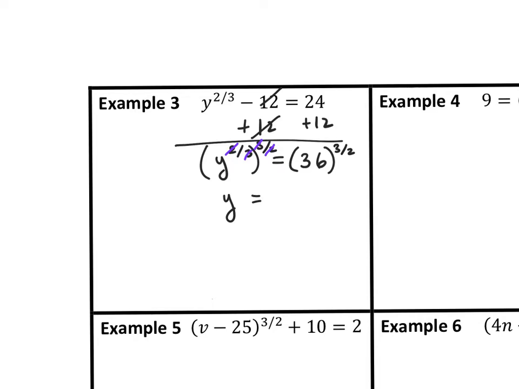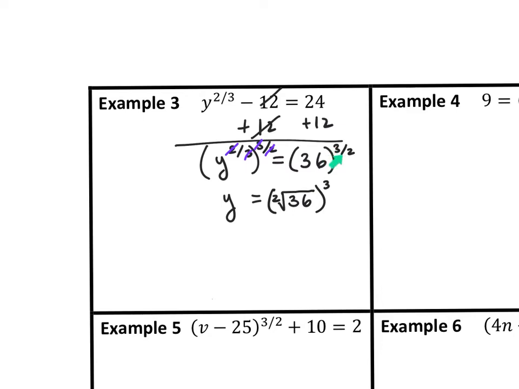And what we should remember is we're going to write it in the following way. We're going to say it's the square root of 36 raised to the power of 3. Because remember, there's a 2 here.